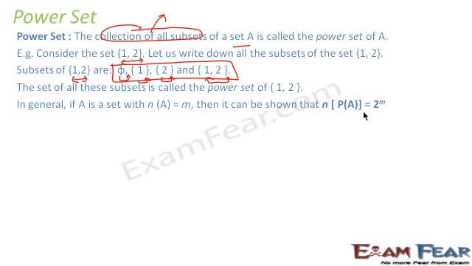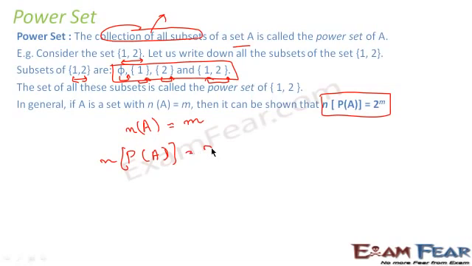Also, we observe a formula which we should remember: if for set A, n(A) is equal to m, and we create a power set, then the power set will have 2 to the power m elements.